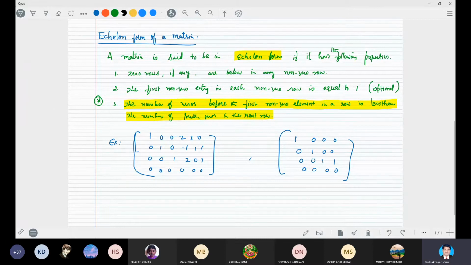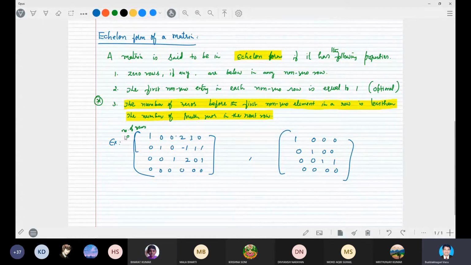You can find out the number of zeros in the first row before the non-zero entry.